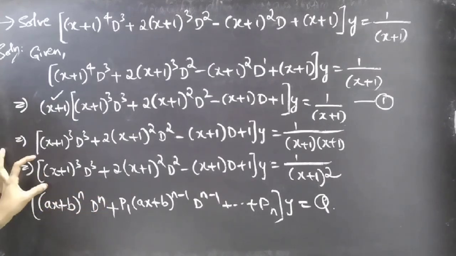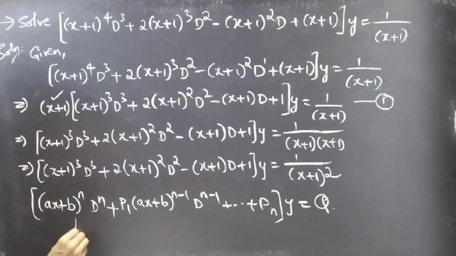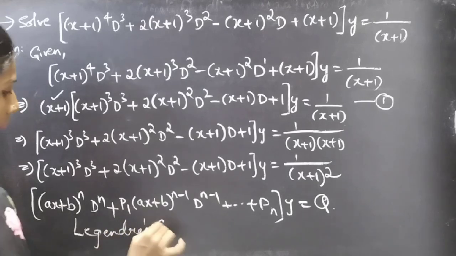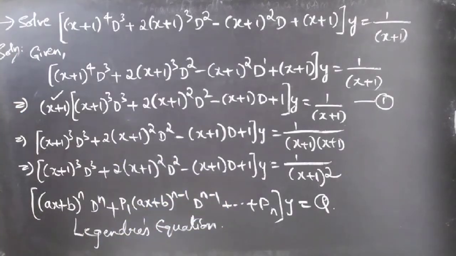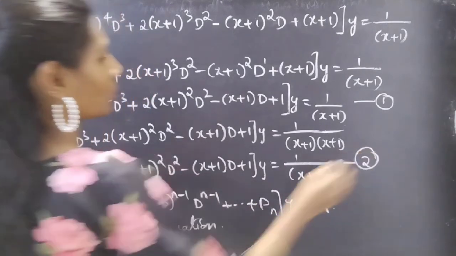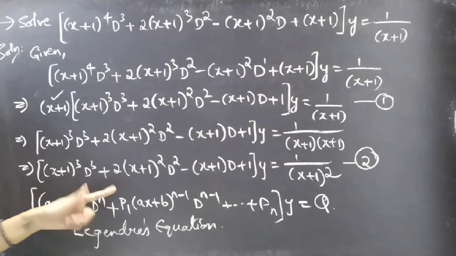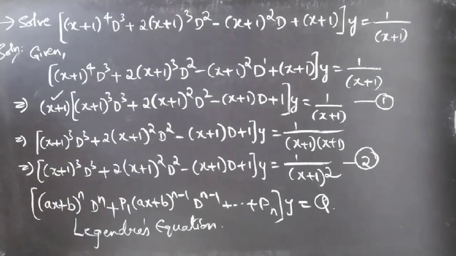So we have reduced the given differential equation to Legendre's equation form. Now consider this equation as equation number 2, and we'll reduce it to a linear differential equation with constant coefficients by using some substitution. Okay, let's see that.